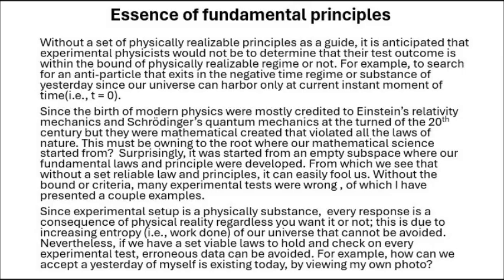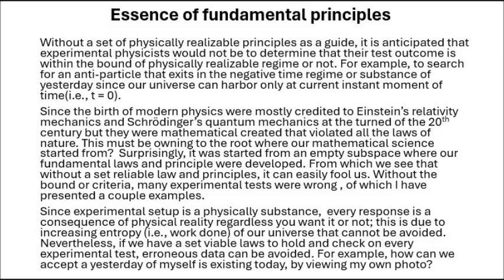This must be owed to the root where our mathematical science started from. Surprisingly, it started from an empty subspace where our fundamental laws and principles were developed, from which we see that without a set of reliable laws and principles, it can easily fool us.